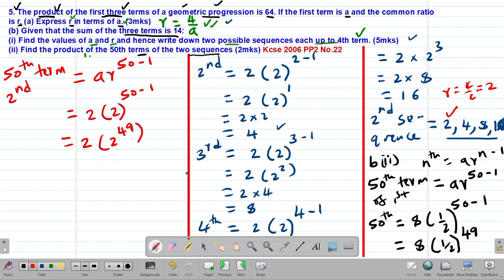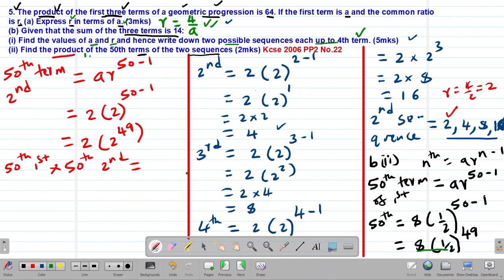Therefore, the product, remember product means multiplication. So if we take the 50th term of the first sequence, then we multiply with the 50th term of the second sequence. This particular product should give us the following. The 50th term of our first sequence was actually this one here.